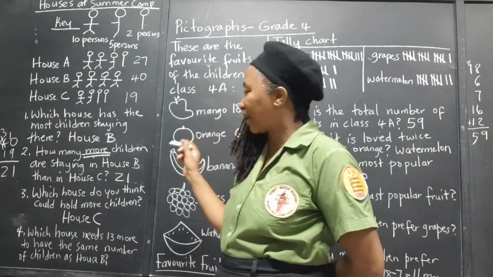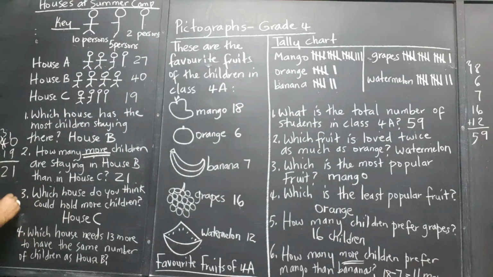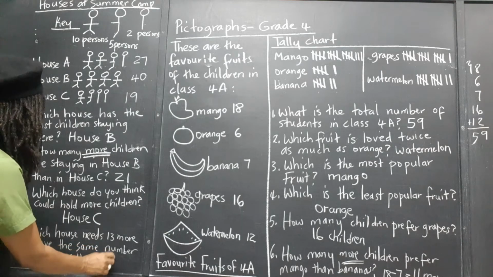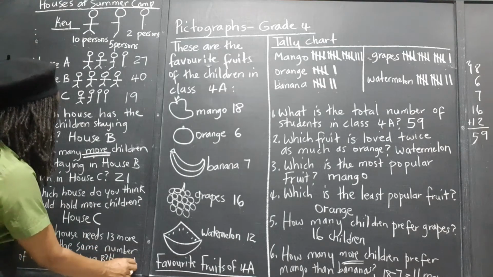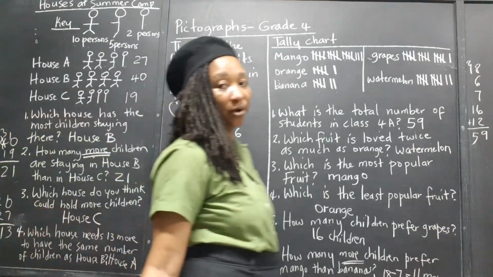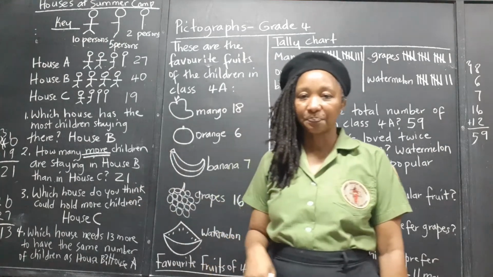But just to check, let us take the number of children in house A from house B and see what we get. See, we get 13. So that is house A. House A has 27. It needs 13 more to make 40, which is what house B has.